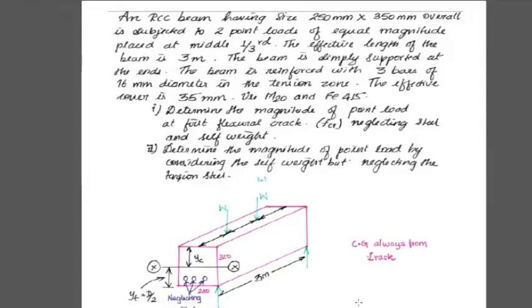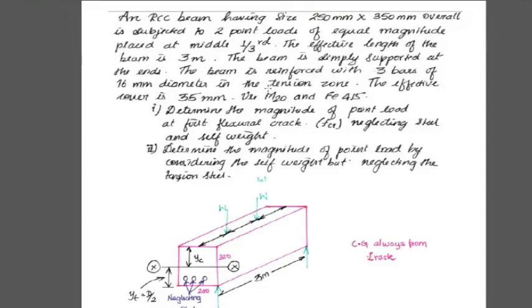Okay, so here they are giving the depth and breadth of the beam, and they are giving load at two point loads, and the distance of the loads is 1 by third from each end. The total length of the beam is 3 meter, and steel is provided at the tension zone.